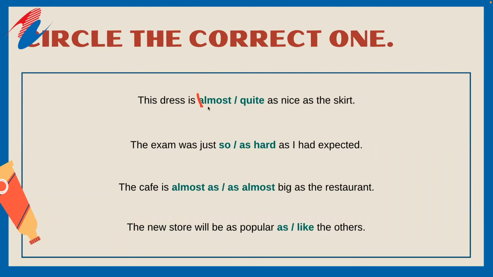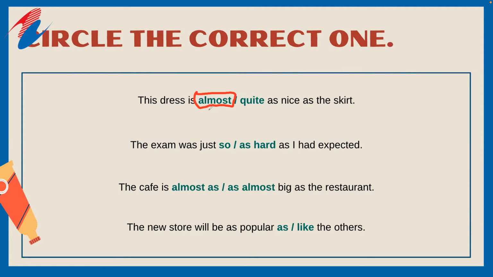We're gonna use almost. 한 번 더. Okay, there we go. So the dress is almost as nice as the skirt. We're not going to use quite because this one is a little bit different. Okay, so we're going to use almost. The dress is almost as nice as the skirt.